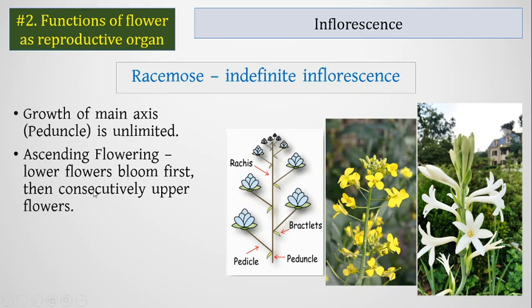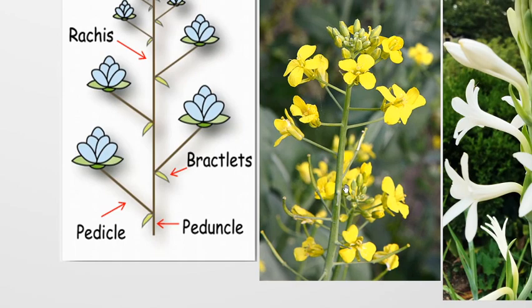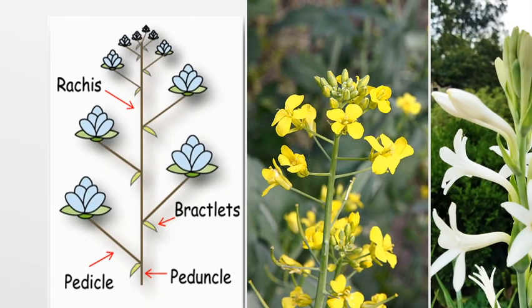That means the lower flowers on the stalk bloom first, and then consecutively the upper flowers bloom one after another. That is why in the mustard flower we see that the lower flowers on the flower stalk have already bloomed, fully grown, but at the top the flowers are not yet bloomed. So they are awaiting to bloom later on. And what happens is that the main axis is not blocked by any kind of flower.